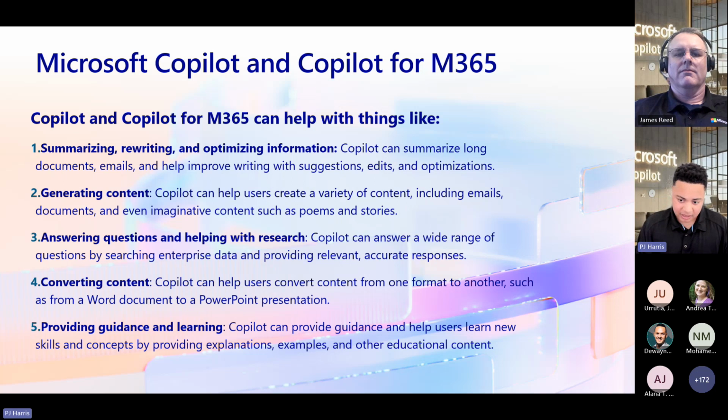And lastly, converting content, which is something I use quite a bit: taking large documents and converting them into PowerPoint presentations. Say you have a process you have elaborately planned out in a Word document, you need to present it to internal colleagues, and you want to make a slide deck of it.